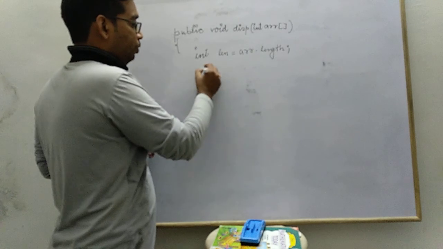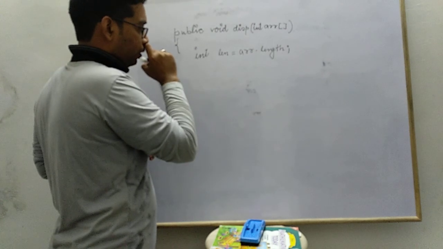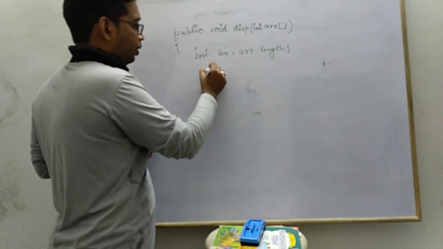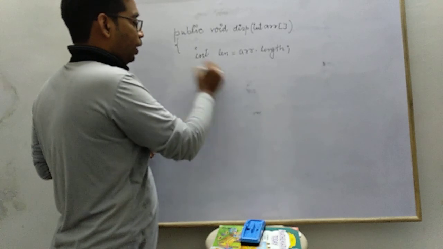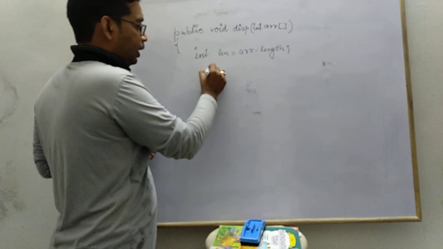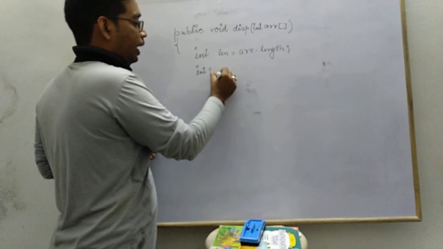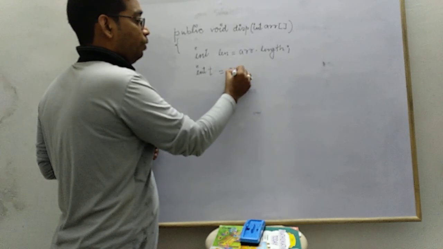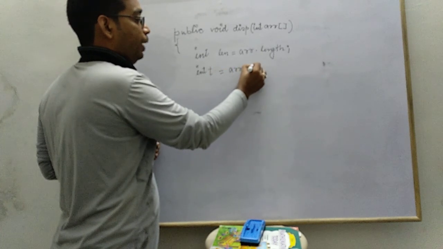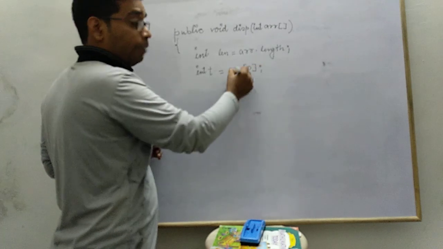Okay, now take a variable int t and store the value of array 0 place. 0 place means first place.